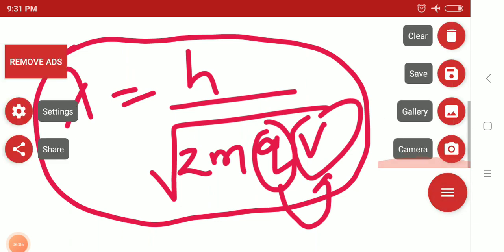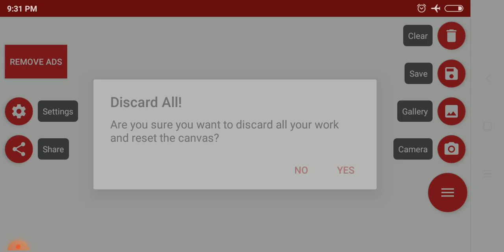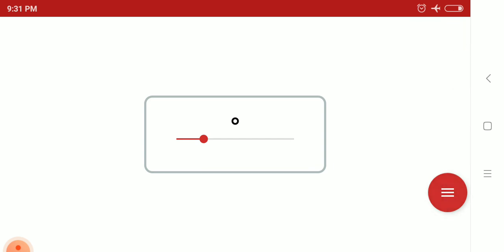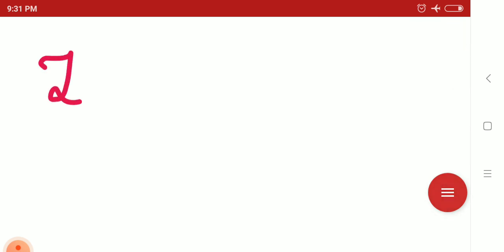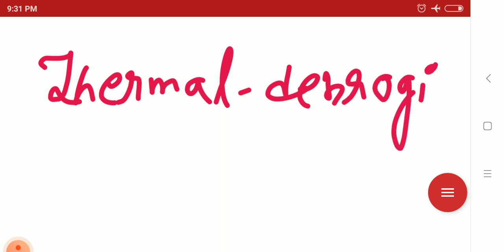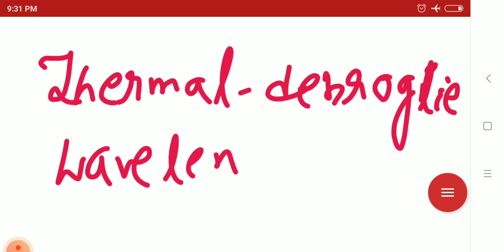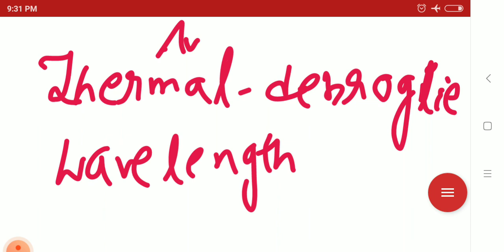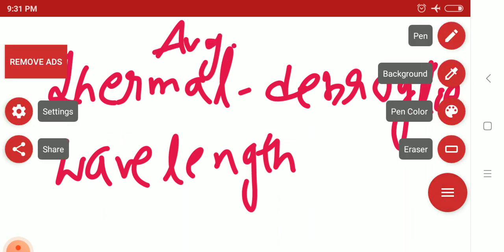And the last and very important one: if the average thermal de Broglie wavelength is being asked, what formula will we use?